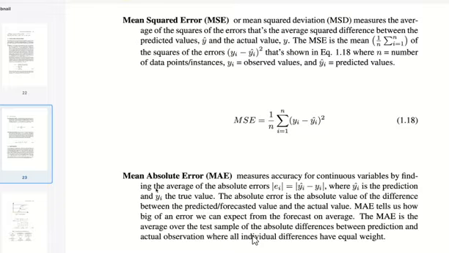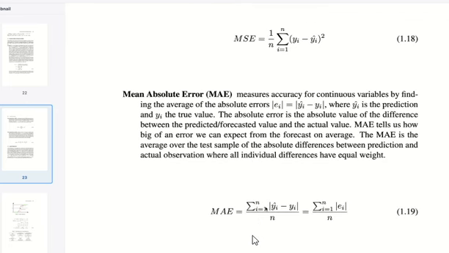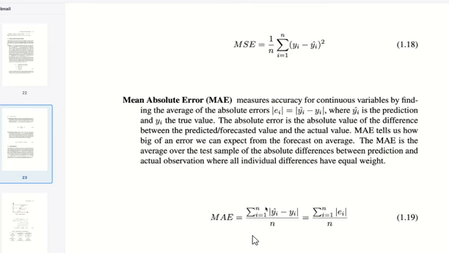You see equation 1.18, mean square error, and also we can calculate mean absolute error. Here you see this is square, and here you see this is absolute, so it's a positive value. Y minus y hat or y hat minus y, both are the same because it returns the positive value.